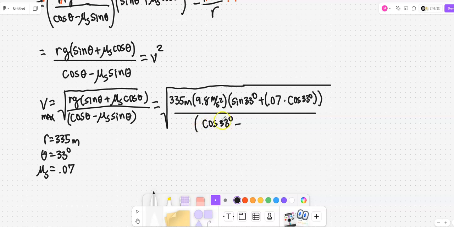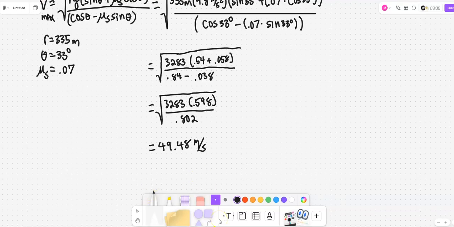Remember, when you put this in your calculator, your denominator has to be grouped together. I'm going to double parentheses this so I don't screw this up. Make sure I have that all correct. Yep, that looks good. Let's put it in the calculator, and I got 49.48.